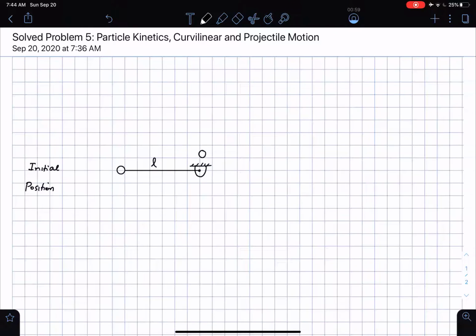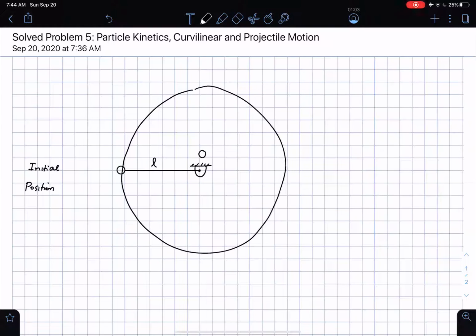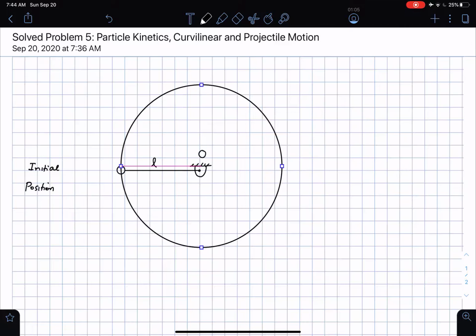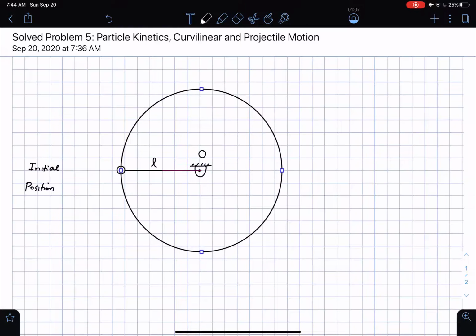I'm going to draw a circular path. I just found out a nice trick in terms of drawing it. Let me do that very quickly. So this is an approximate circular path of the pendulum. Let me get rid of some of these things. I don't need that here, I don't need that here either, so I'm going to just cut that out. Here is the bob of the pendulum.